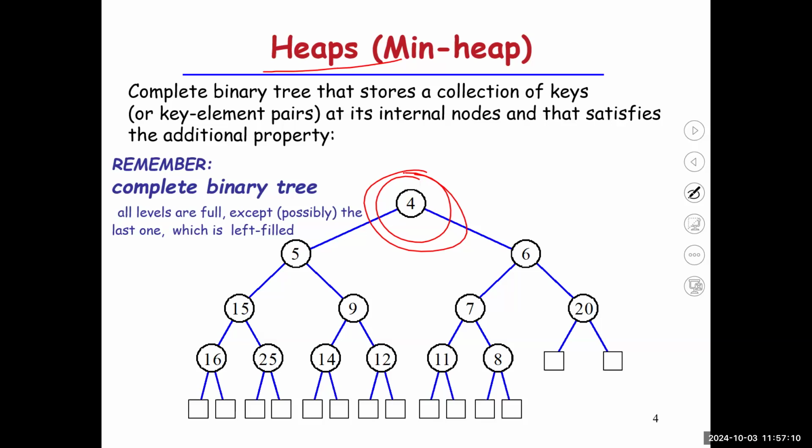Exactly. My problem with the unordered, for example, was if I want to remove min, I have to go and search for the min. So I have to search for the min, it's going to take me O of n. Then we said, you know what, we can use ordered, and it's always going to be the first index, O of 1.